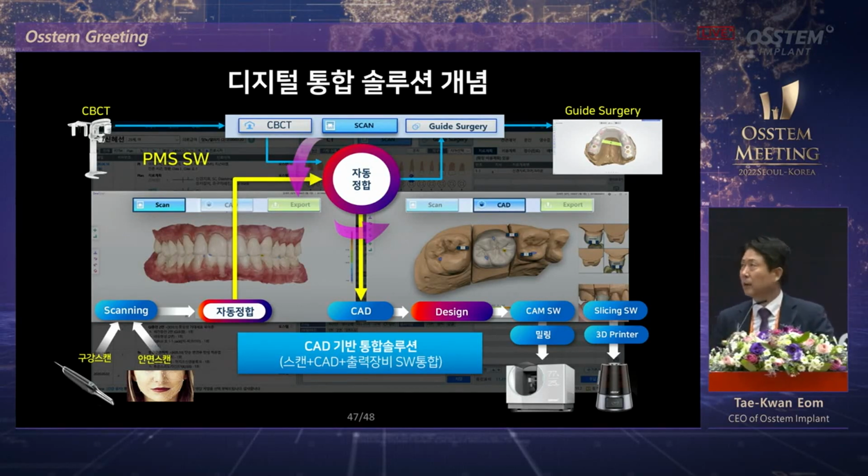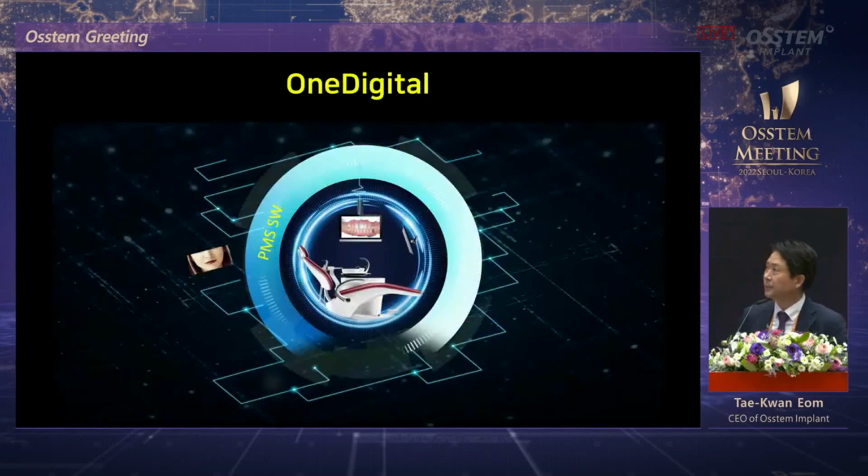The data is merged and on standby, and all you need to do is call it in, and the guided surgery can be clicked and enabled. If you go down below CAD, I will talk about this later. The design is performed automatically. CAM software slicing will be implemented, and you click on export, then the printing will be done. That's what we are going for.